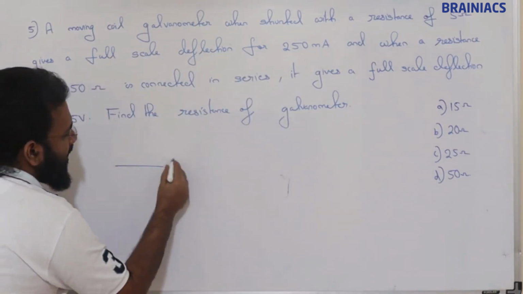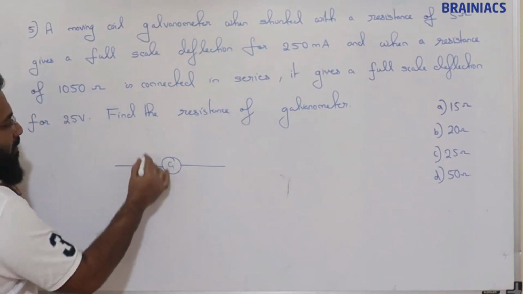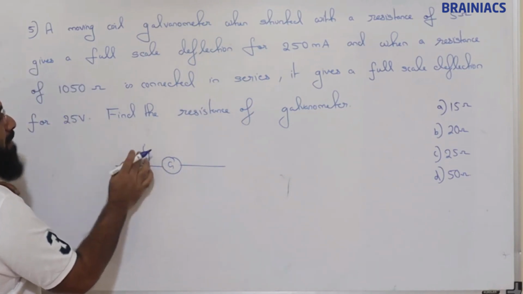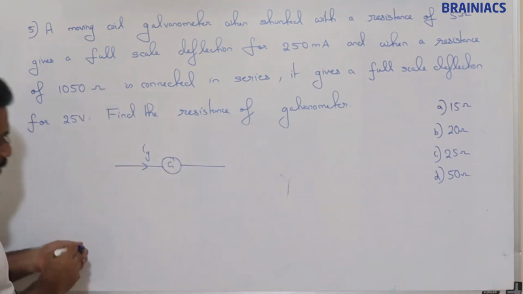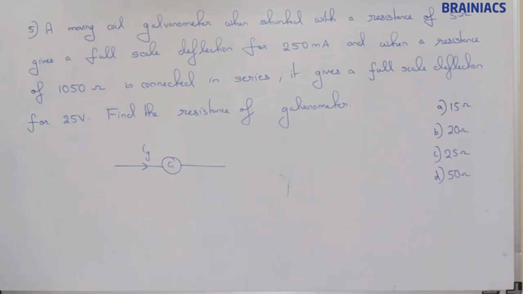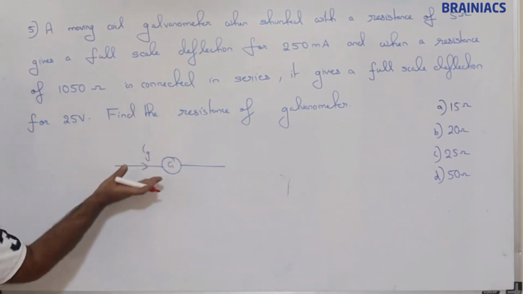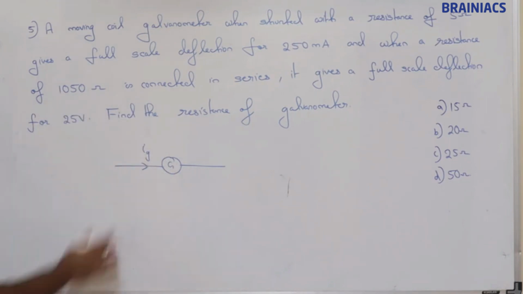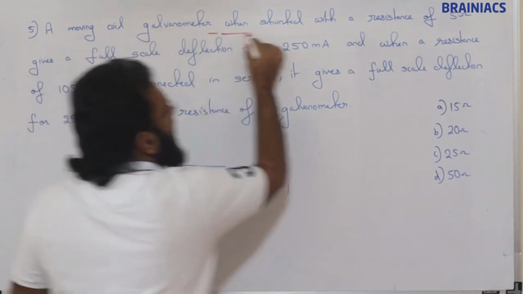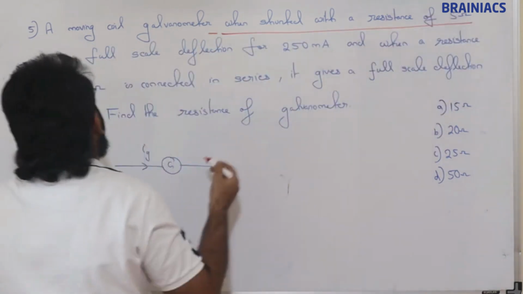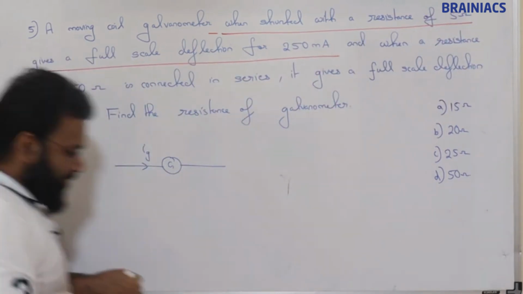Suppose we consider a galvanometer alone, full scale deflection means the maximum Ig that is passing through the galvanometer. But look at this question, understand the difference here. This is a good question. It will teach us the difference between these concepts. A moving coil galvanometer, when shunted with a resistance of 5 ohm, gives a full scale deflection of 250 milliampere.